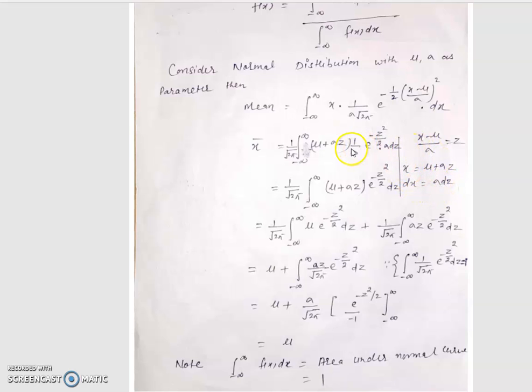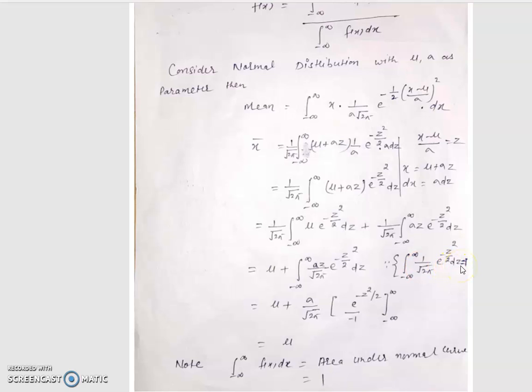Substitute this value in the given integral. This becomes (mu plus sigma z) times 1 upon root 2 pi e to the power minus z squared upon 2 dz. Open the bracket. We can write this as mu e to the power minus z squared upon 2 dz plus sigma z e to the power minus z squared upon 2 dz. Now the value of 1 upon root 2 pi times the integral from minus infinity to plus infinity of e to the power minus z squared upon 2 dz is 1.